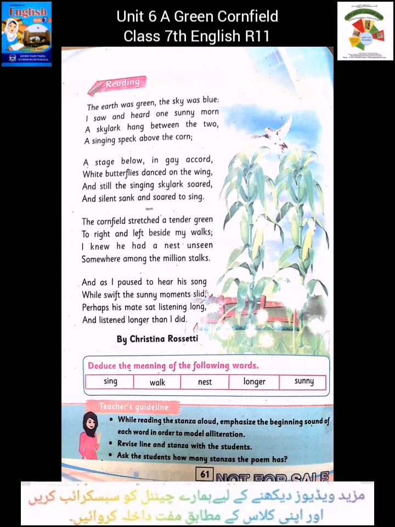A skylark, as we have earlier discussed, is traditionally associated with joy and springtime. And so the poetess finds it so beautiful that the skylark is flying over those vast fields of corn, appearing so small and yet so beautiful, and so it looks like a singing speck, a singing dot in the sky above the corn.